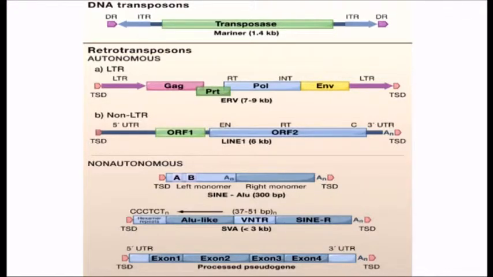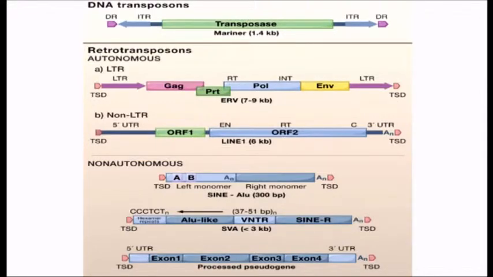Okay? We've got so-called LINE elements, and these are the elements that are active today. And we'll talk quite a bit about them. They have endonuclease and reverse transcriptase activities, and they drive the expression and retrotransposition of Alu elements, which are about 1 million or so in the genome and can't encode protein.